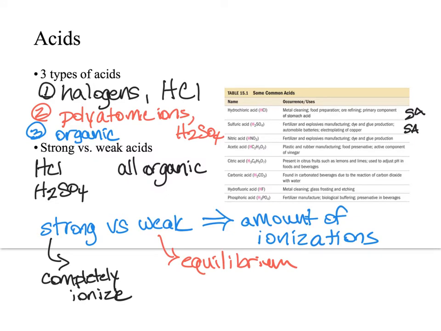Nitric acid, which is also a strong acid. Fertilizer, explosives, dye, and glue. So you see some common threads between them. And the others on the list are all weak acids. Even though some of them may still be used for things like metal cleaning or fertilizer manufacture, it's just a different degree.